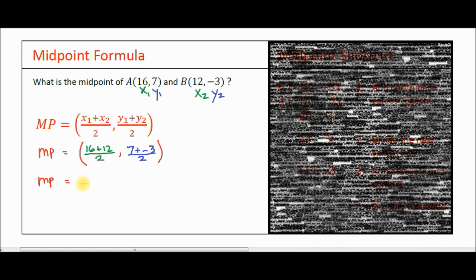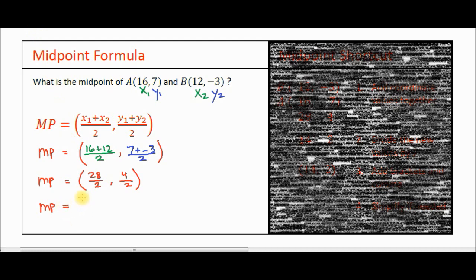The midpoint of A and B is equal to 16 plus 12, which is 28, divided by 2. There's our x value of our midpoint. 7 plus negative 3 is the same as 7 minus 3. So 7 minus 3 is 4, and that's divided by 2. Then we can simplify those fractions because they both turn out to be whole numbers.